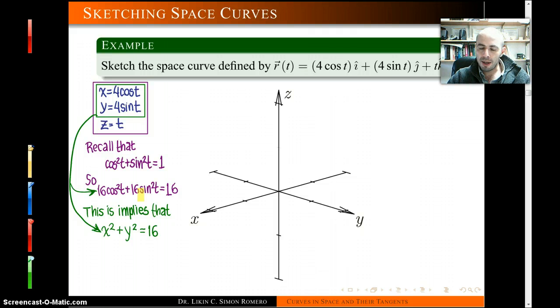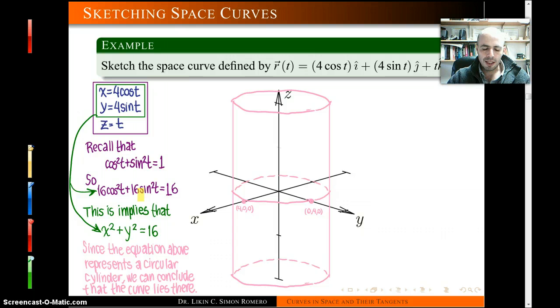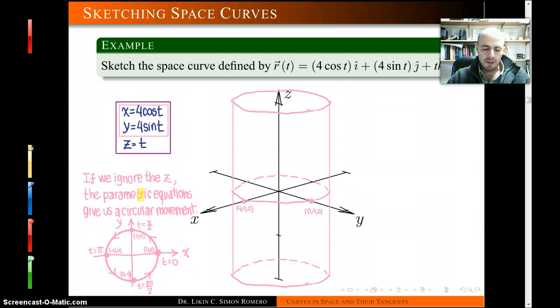Now if you remember, that denotes in space a circular cylinder. So now the curve is going to lie in this circular cylinder. Now how it's going to lie, that's where the z comes from. If you take the x and y, that will give you a circular movement if you ignore the z. In other words, in the xy plane, that gives you a circular movement.